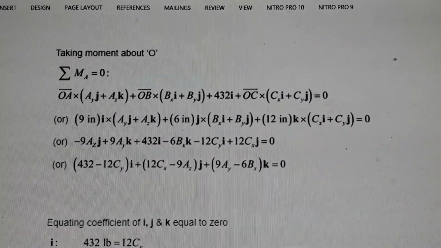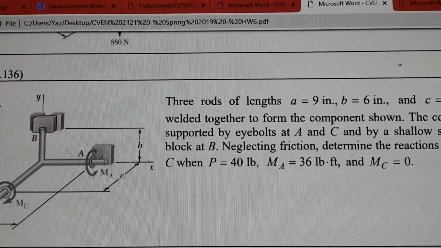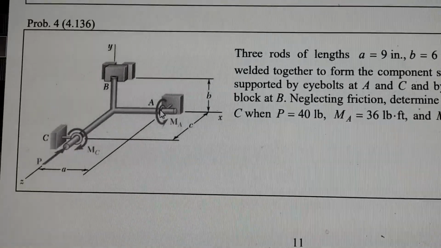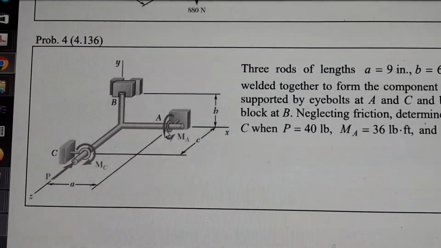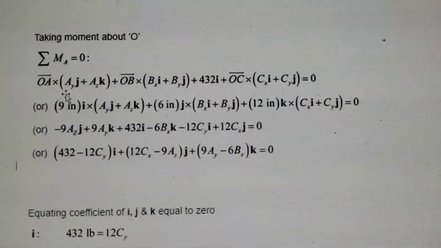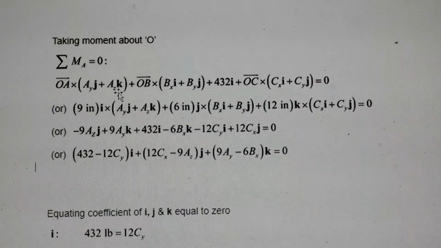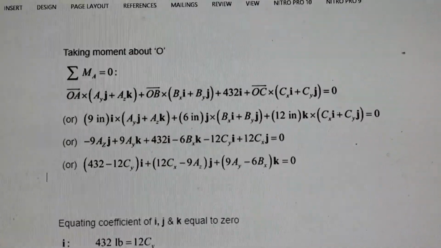Let's look at it again. OA cross AY J plus AZ K. What was OA? Remember, let's go back.